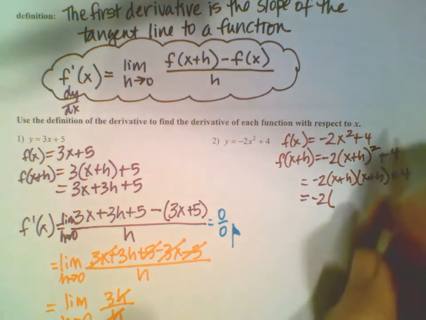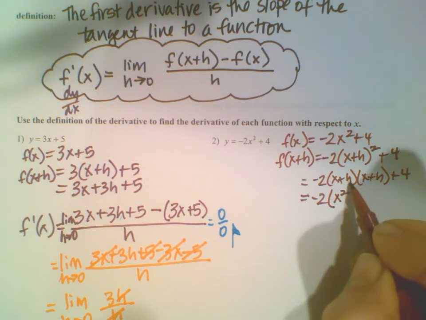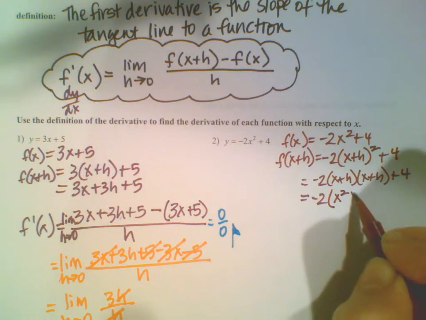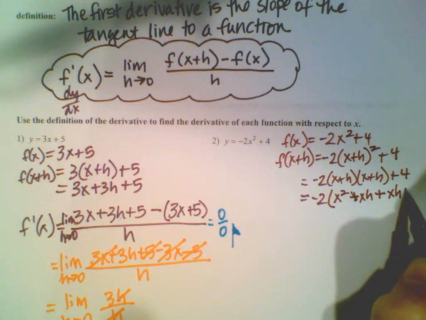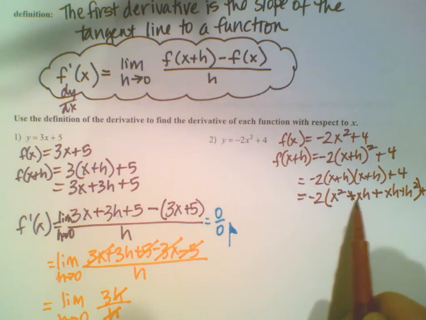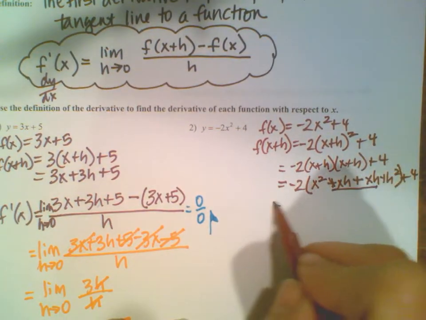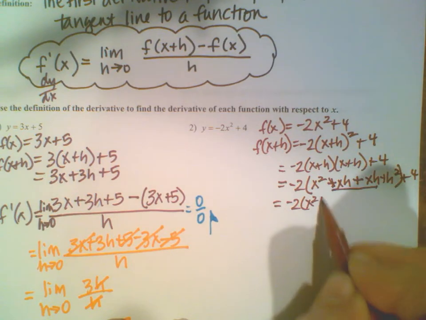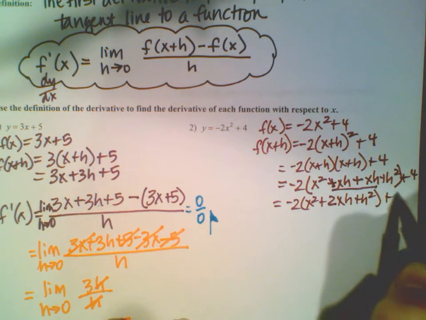So this is x plus h, that's x squared, plus xh, plus xh again, plus h squared, plus 4. Okay, so then this middle guy here becomes, move that over so you can see it, this equals negative 2 times x squared plus 2xh plus h squared plus 4.